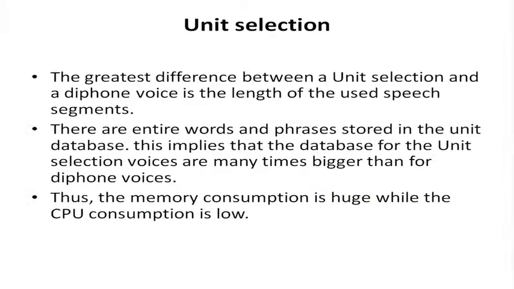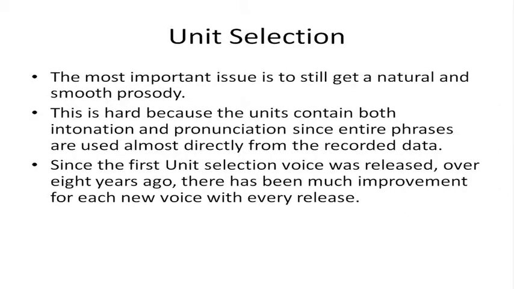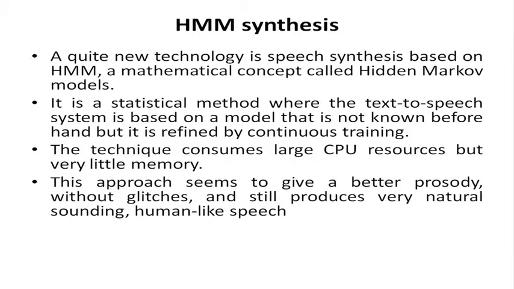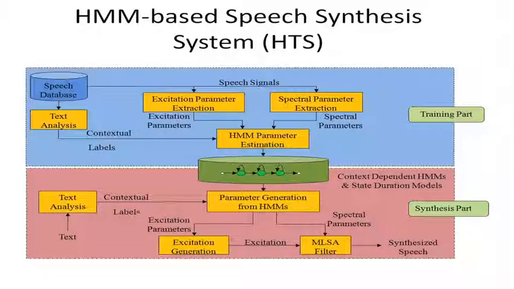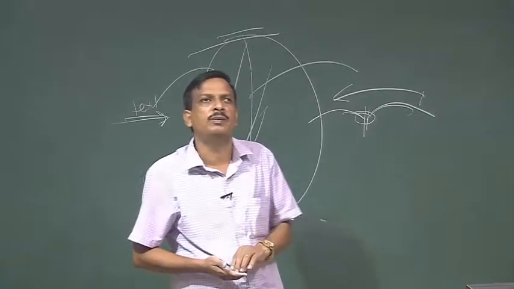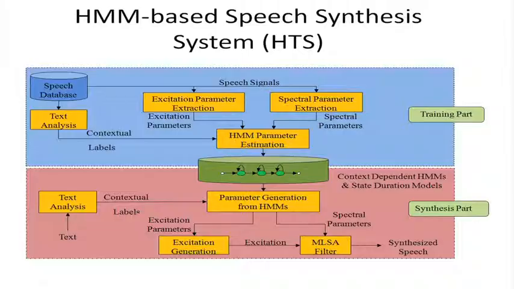Then there is another TTS, HMM based synthesis. We have developed HMM based synthesis for Bangla also. It is of two types, one is called parametric. If I use the vocoder, then it is parametric synthesis, because here, a speech database is there, and we extract the excitation parameters.